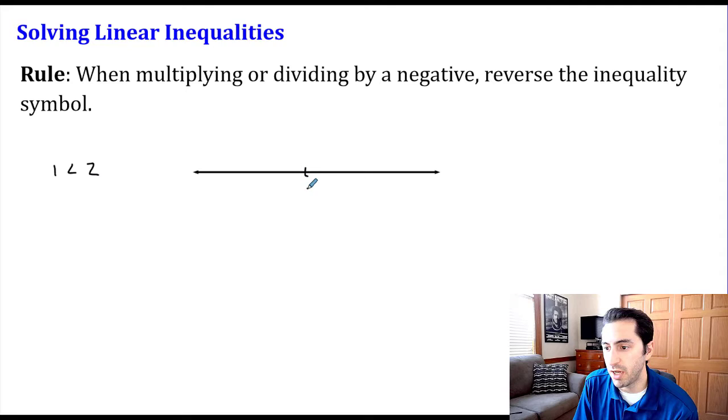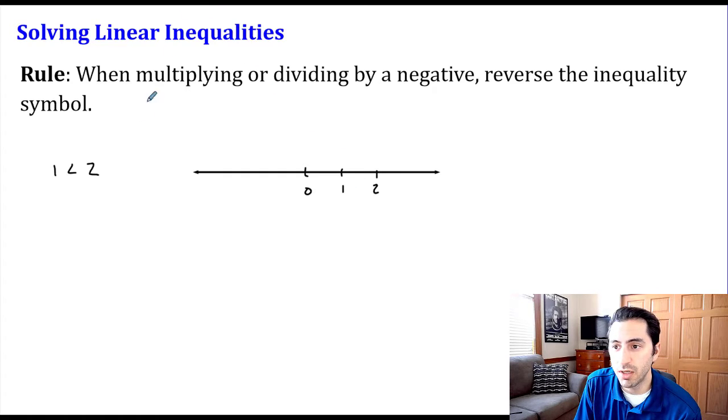So on the number line, 0, 1, and 2. Because 1 is to the left of 2, it's less than 2, okay? But now let's multiply both sides of this inequality by negative 1. So I'm going to multiply by negative 1 on both sides, and now let's see what happens.